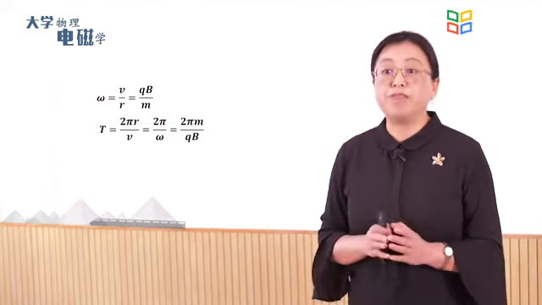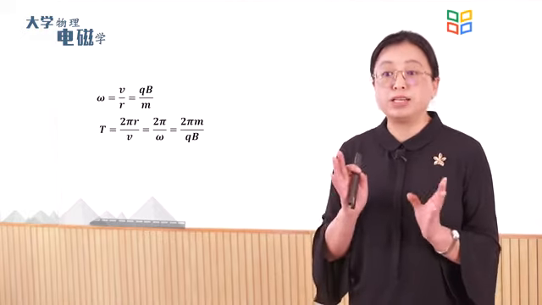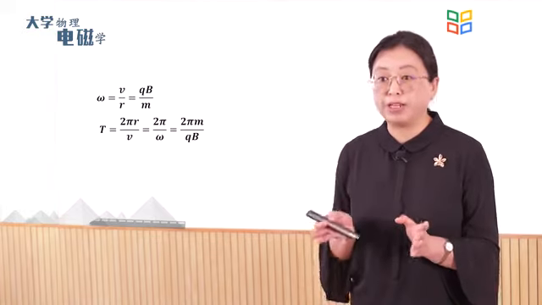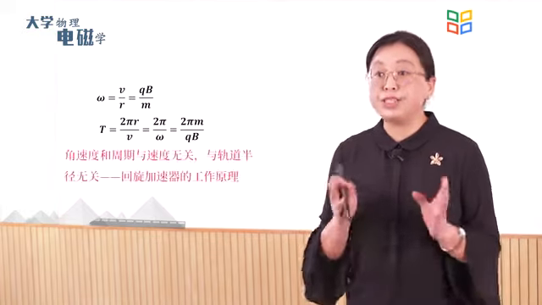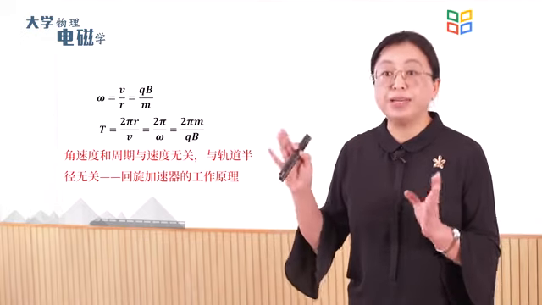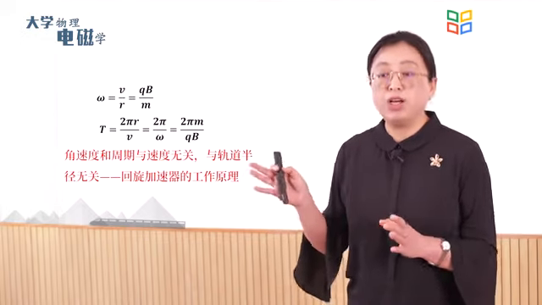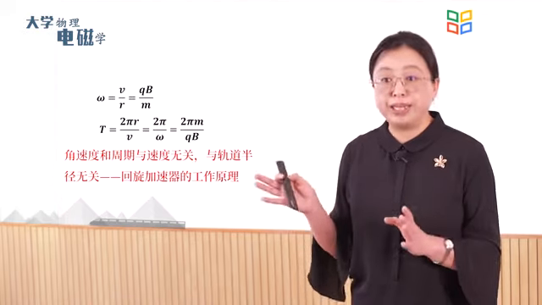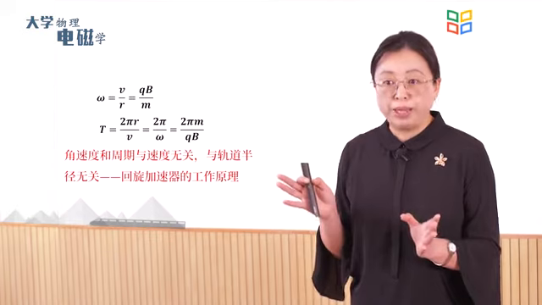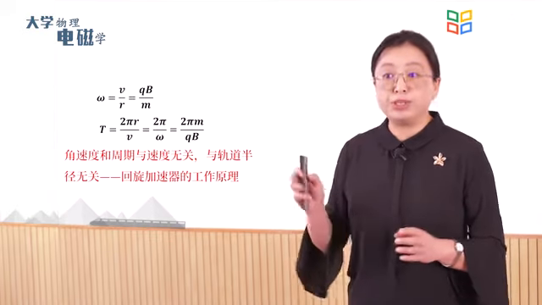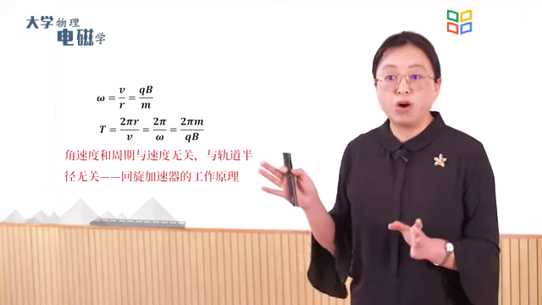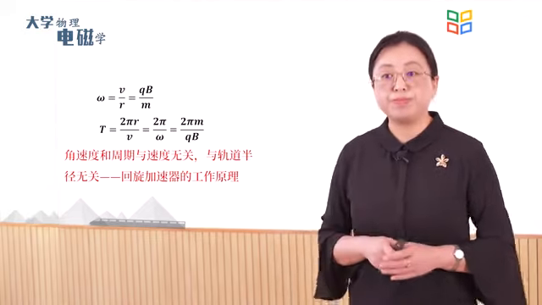The period of the motion is equal to the circumference of the circle divided by the speed of the particle. These results show that the angular speed of the particle and the period of the circular motion don't depend on the speed of the particle or on the radius of the orbit. This principle is used in the application of a type of accelerator called a cyclotron.